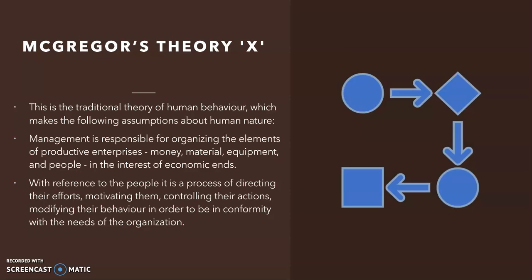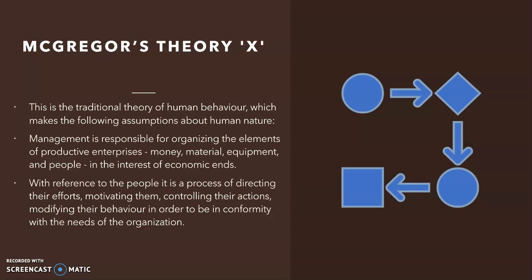And all this leads to the interest of economic ends in terms of profit. With reference to the people, it is the process of directing their efforts, motivating them, controlling their actions, modifying their behavior in order to be in conformity with the needs of the organization.